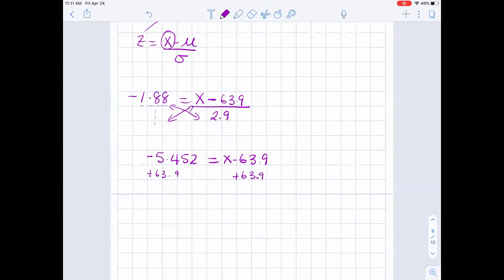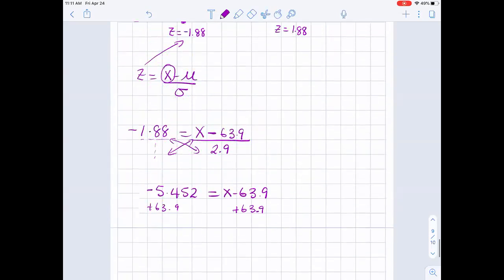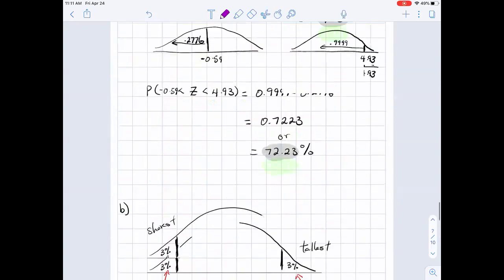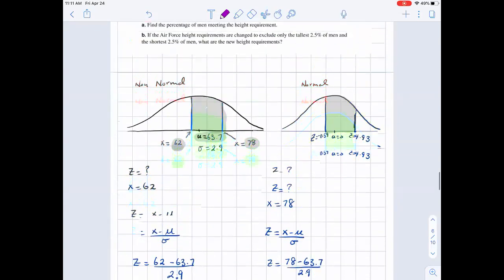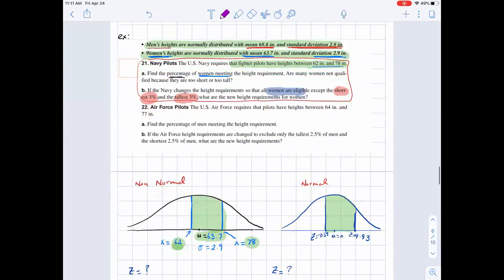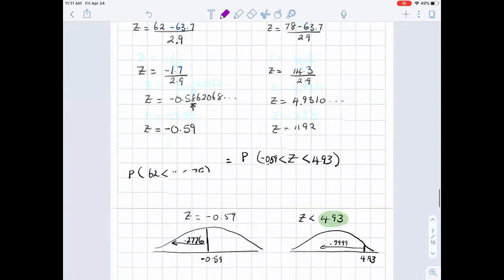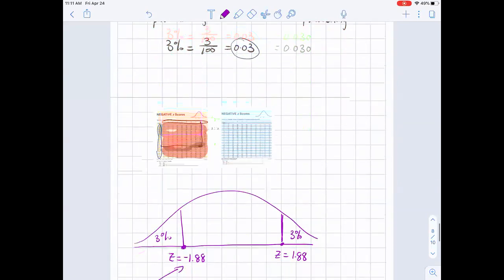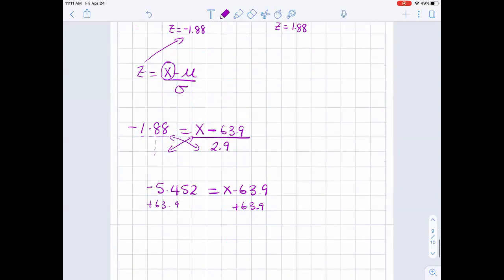Isn't it 63.7? That was our mu, right? Yes, 63.7, thank you. So we have to add 63.7 to both sides.